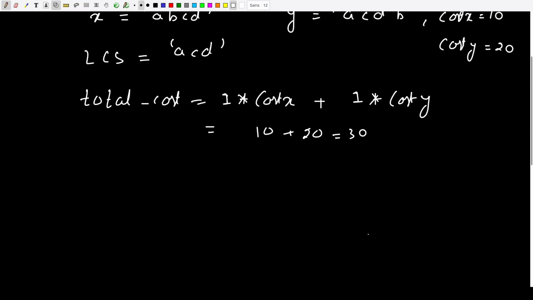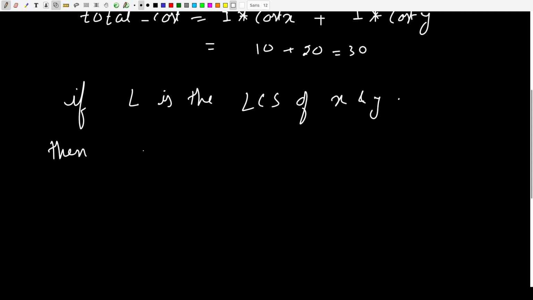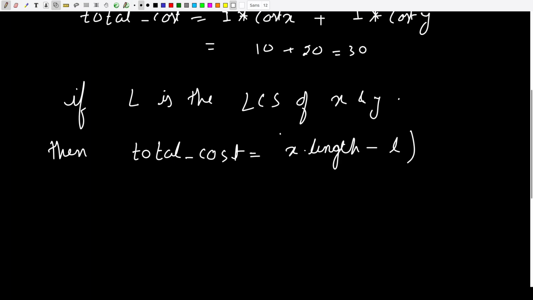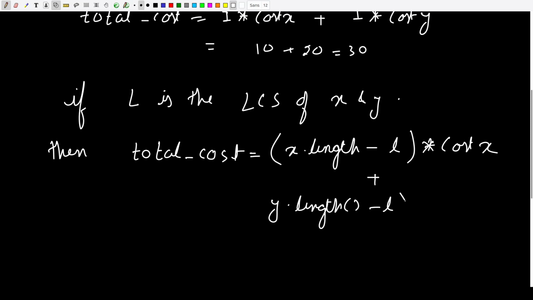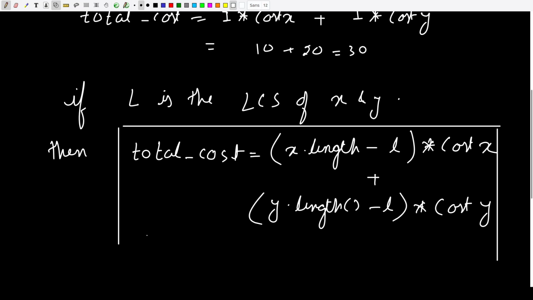Now let us generalize this. If L is the LCS of x and y, then the total cost will be (x.length minus L) multiplied by cost of x, plus (y.length minus L) multiplied by cost of y, and in this way we will be able to compute the total cost which is required in order to make string x and y identical.